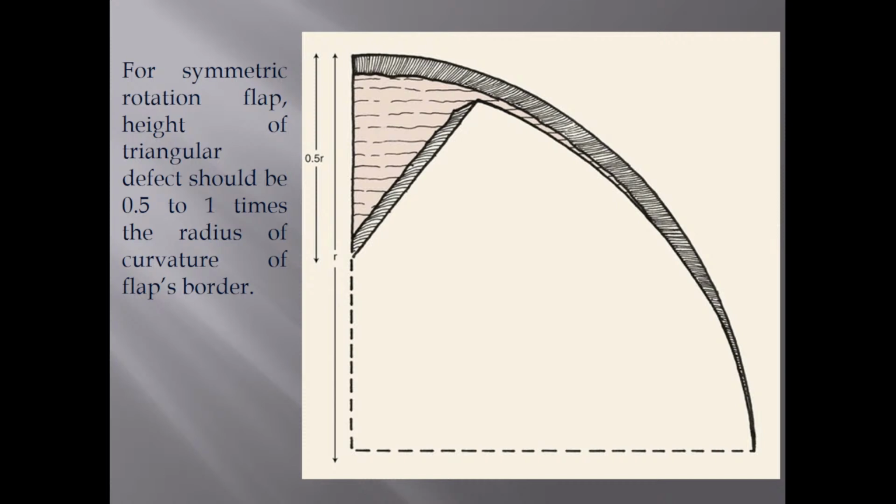Design of an inferiorly based rotation flap promotes lymphatic drainage and reduces flap congestion and edema. Similarly, arterial and venous disruption may be minimized and sensory innervation may be maximized by appropriate positioning of the base of the flap.